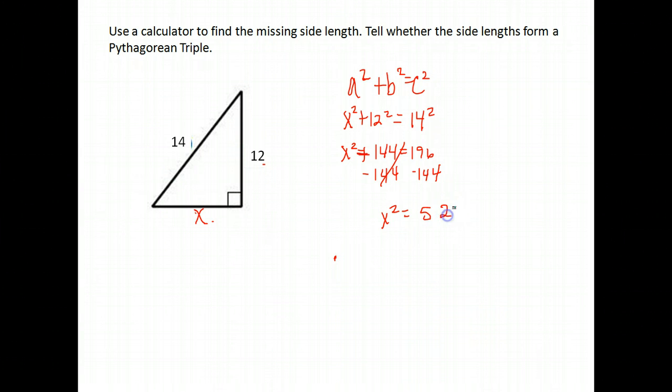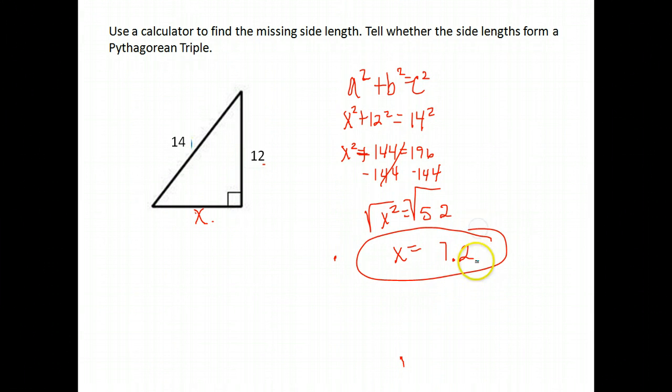And I get 52. I then have to take the square root of both sides. It says use a calculator, so I don't have to leave this in radical form. I can just round it off. I get about 7.2. So I found the third side.